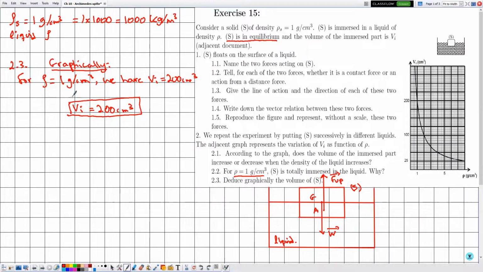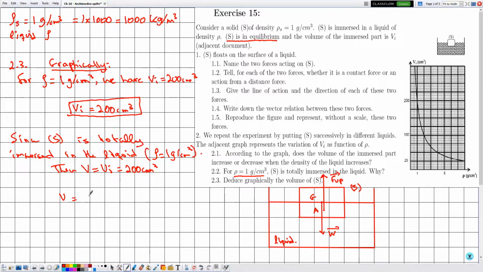But knowing that when the density is given by 1 gram per centimeter cube, S is totally immersed in the liquid, so let's say since S is totally immersed in the liquid, and this is because the density rho is given by 1 gram per centimeter cube, then the volume V of the solid is equal to the immersed volume, which is equal to 200 centimeter cube. So V is equal to 200 centimeter cube.